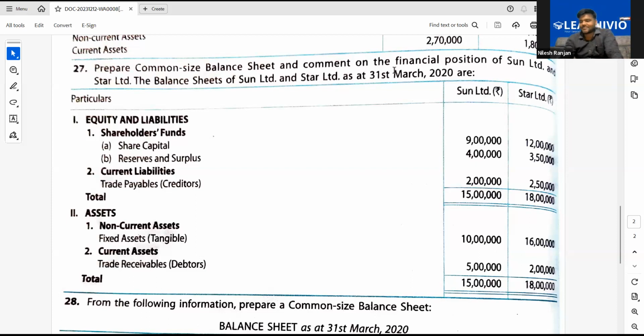Okay. And for Star Ltd, I got 66.7. No, I'm asking only Sun Limited. Oh, okay, reserves and surplus, I got 26.7.